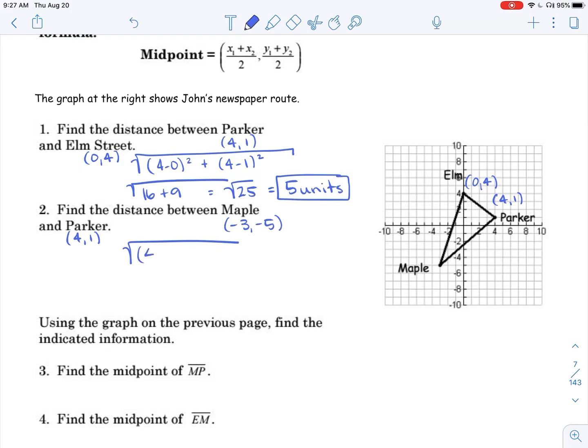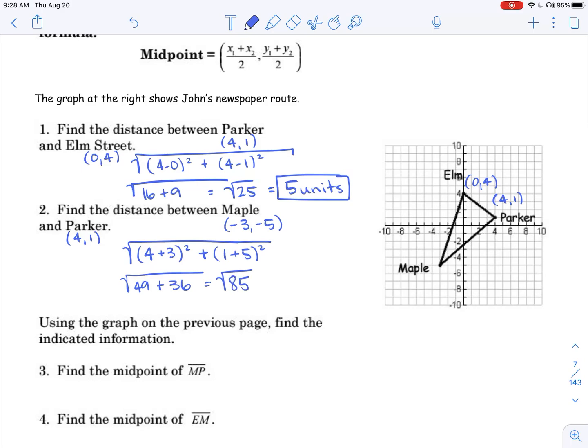So I'm going to do 4 minus -3 squared plus 1 minus -5 squared. So this gives me 7 squared, which is 49, plus 6 squared, which is 36. And if I add those two together, this will give me the square root of 85.